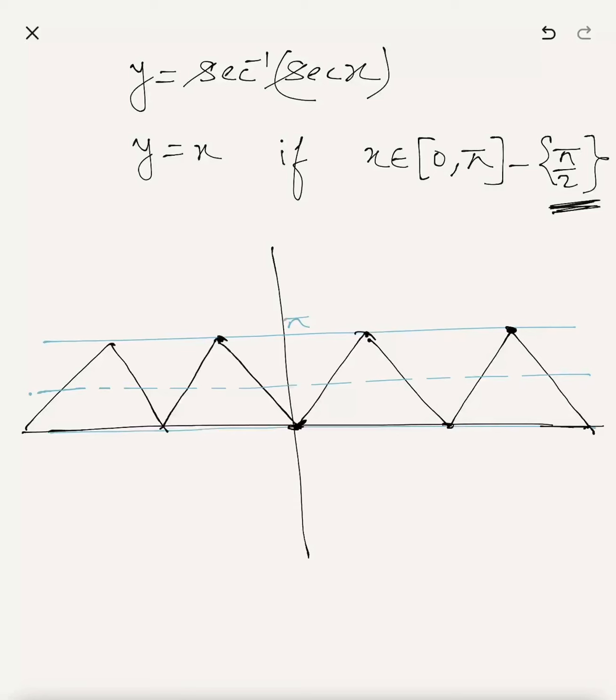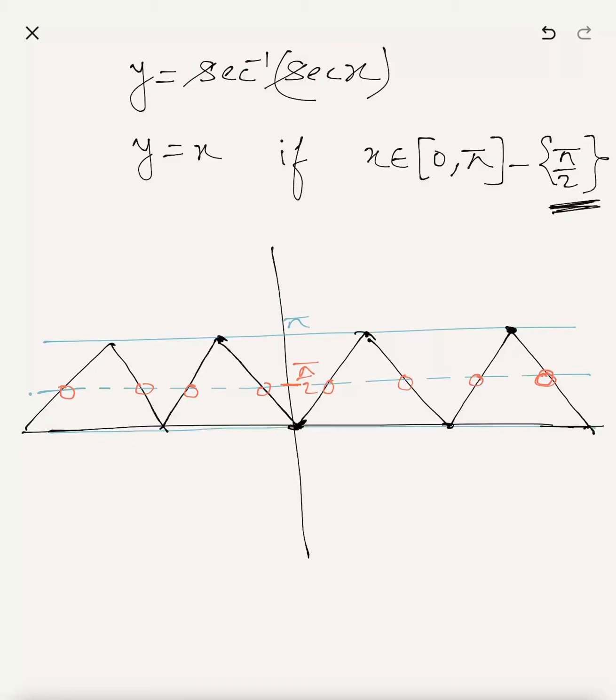At pi by 2 your value should be missing, isn't it? So you will have to draw a hollow circle at pi by 2 on the graph. Not anywhere else, where your graph is, just draw a hollow circle at pi by 2. This value is pi by 2.